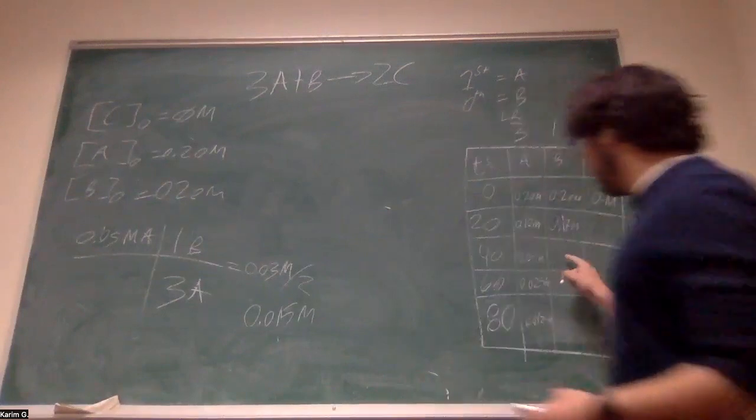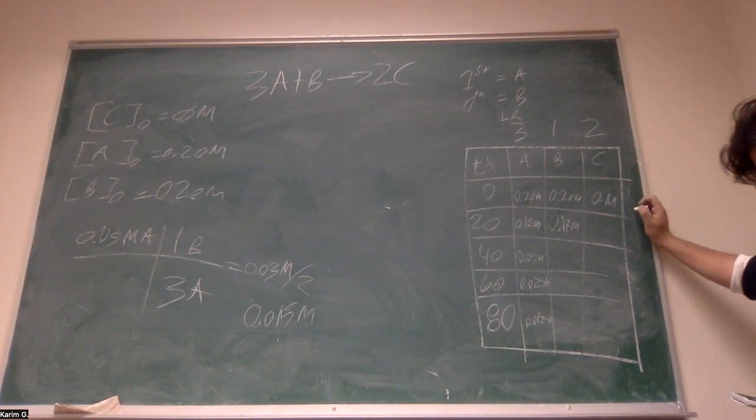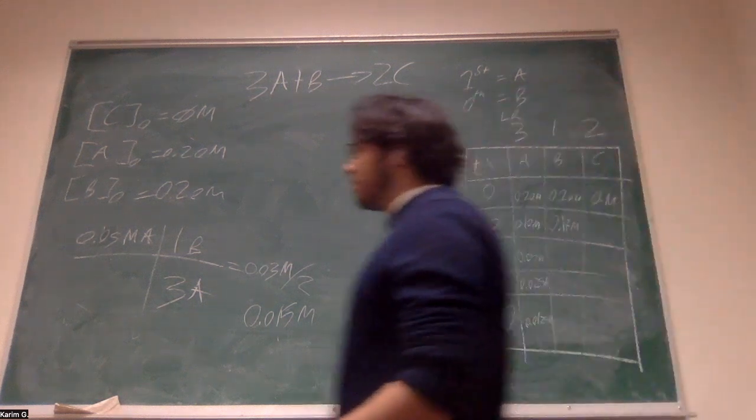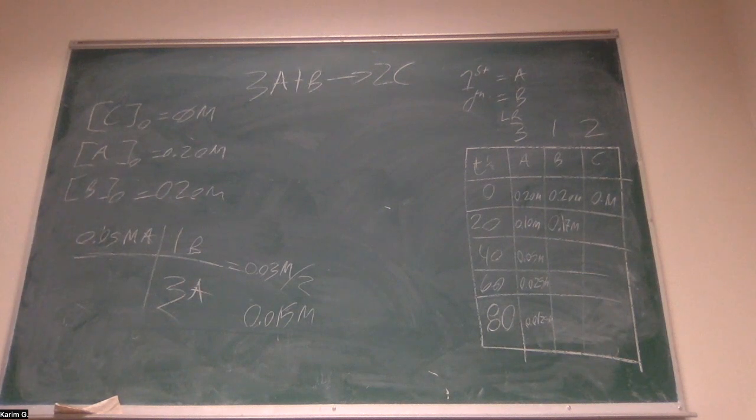Like this right here? 0.154. Hold on. Hold on. I got 0.155 or 1.54. You would get that, right? If you did this divided by 3, right? Or no?